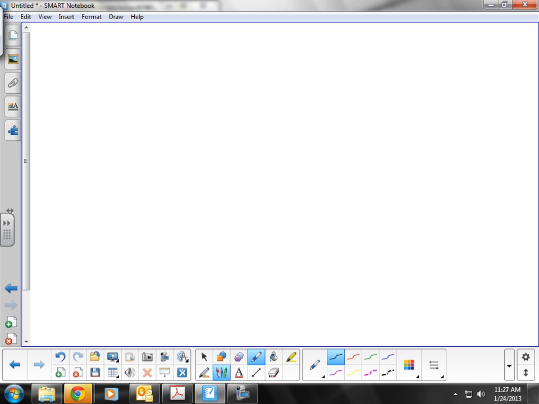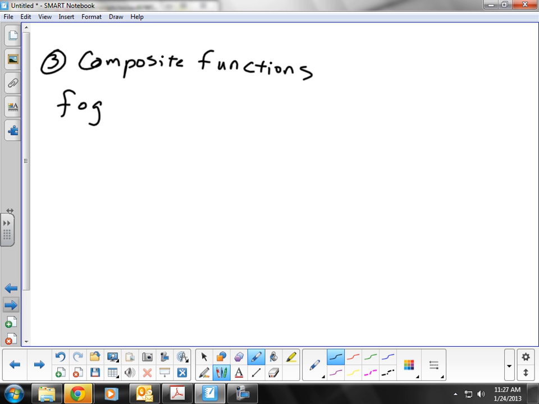The next objective is objective 3, and we're going to actually talk about these composite functions. This is a new operation. We've never had this operation before with numbers, but we can do composite functions. Composite functions are notated with a circle between them.